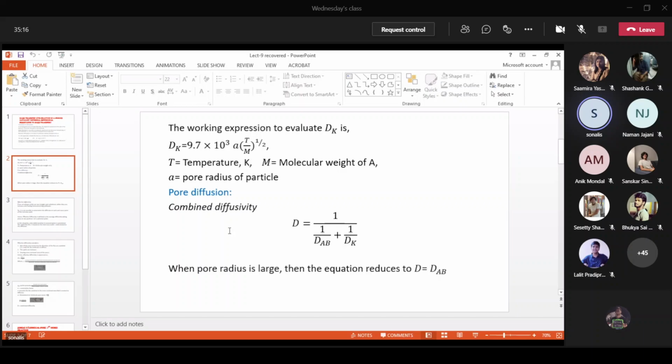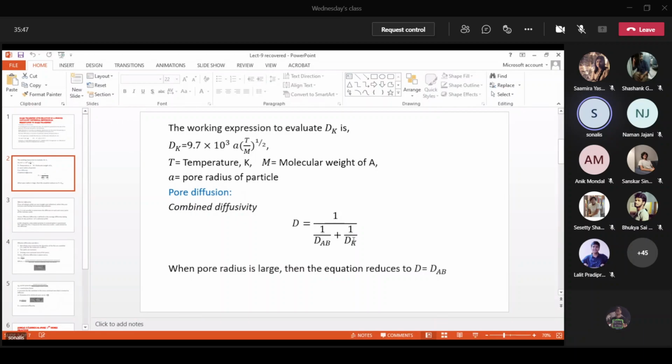When pore radius is large, we consider bulk diffusivity. When pore radius is smaller than the mean free path, we consider the Knudsen diffusivity. So combined diffusivity is the average diffusivity throughout the whole solid catalyst particle. So 1 by D is equal to 1 by DAB plus 1 by DK.